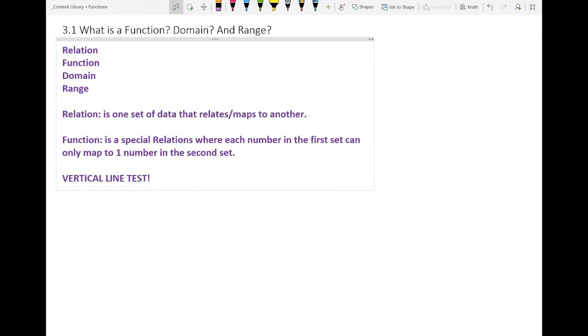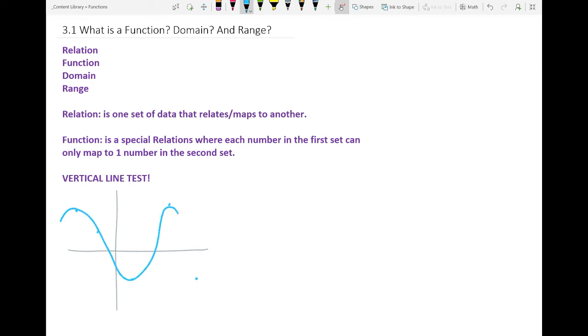The vertical line test kind of says if I have a graph, and let's say I had a bunch of points, kind of like you guys have been doing, graphing points, just a ton of points there, and I graph them, and I know that graph is a curve and it does something like this.